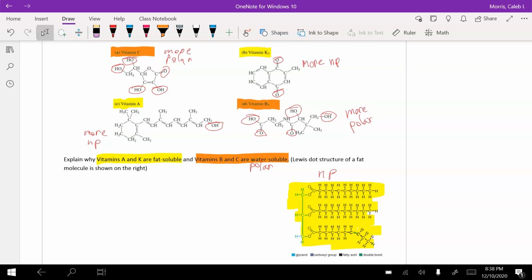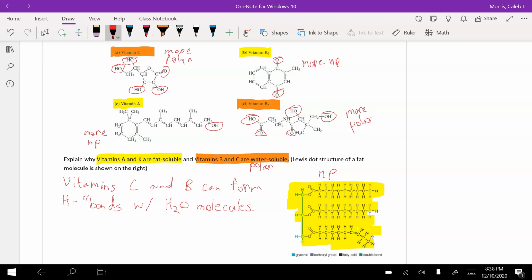So, vitamins C and B can form hydrogen bonds with water molecules.